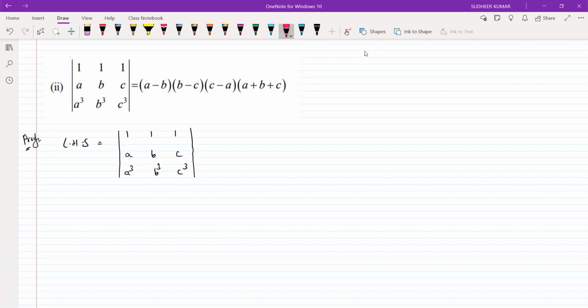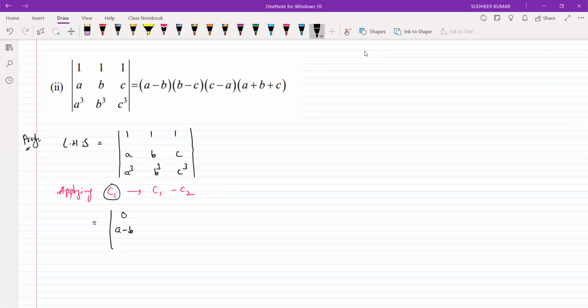C1 minus C2. Yes, very good. So first apply C1 changed as C1 minus C2. Then what do we get as the result? C1 is going to be 1 minus 1, 0, 0.